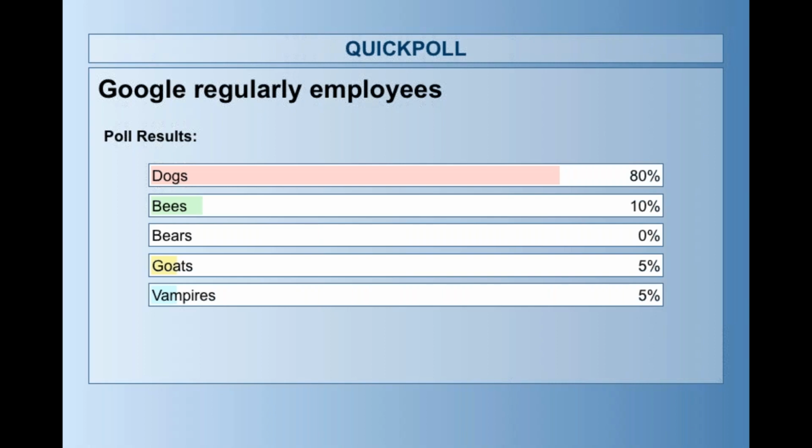Nobody thought bears. It is definitely not vampires. It is goats. I've been over on the West Coast a fair amount, and it's a common thing I've seen over there that people employ goats to mow the lawn. A green initiative feeds the goats and keeps the weeds down. So true fact, they employ goats.